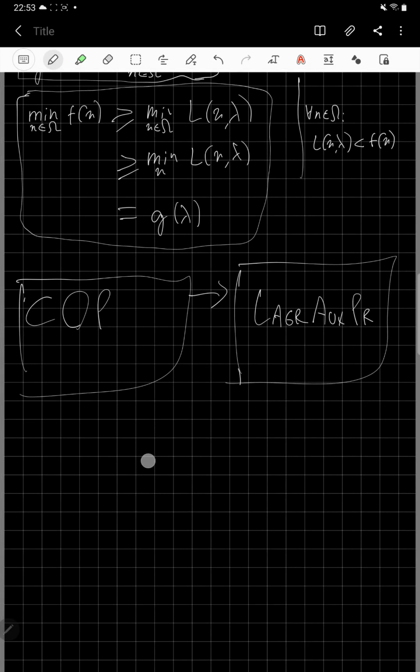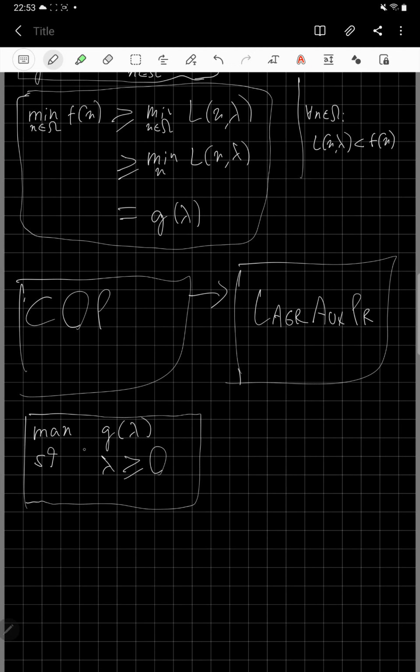So let's try to find the highest lower bound. And that is simply the maximum of g of lambda, subject to a very simple constraint. So it's not hard at all. So now we have this problem.